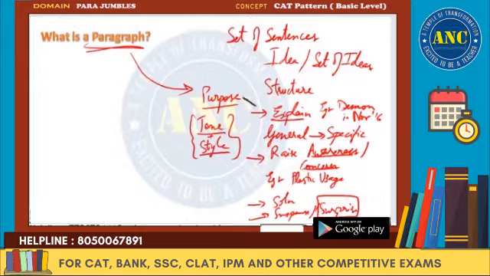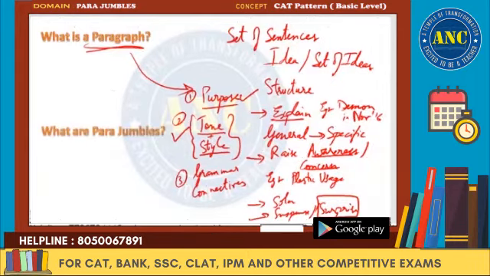So if we can understand the purpose of the passage, if we can understand the tone and style of the passage, and if we have a little bit of understanding of grammar and connectives, if we have a good understanding of these three things, then para jumbles will not be very difficult.